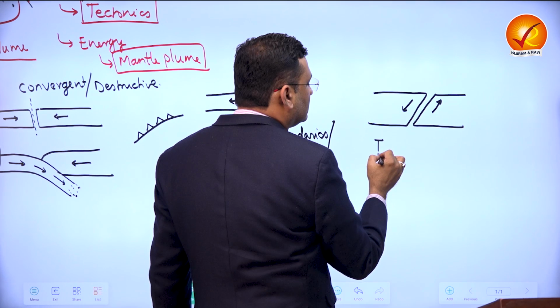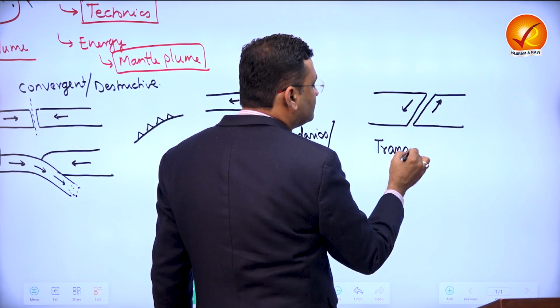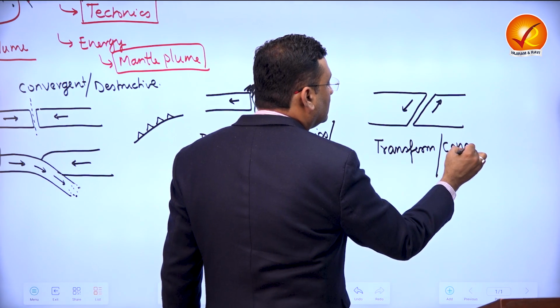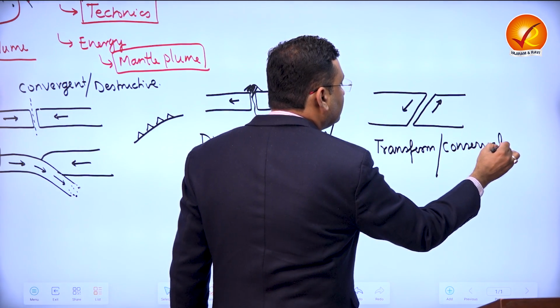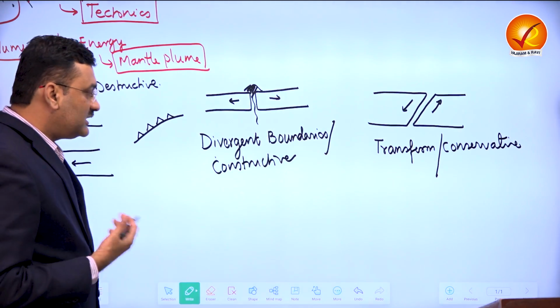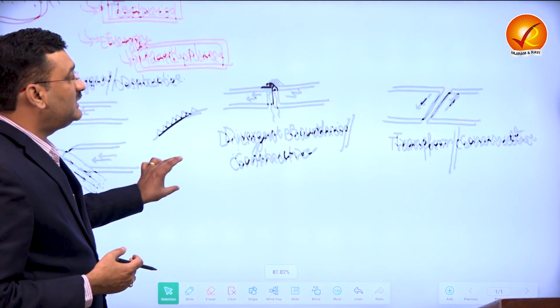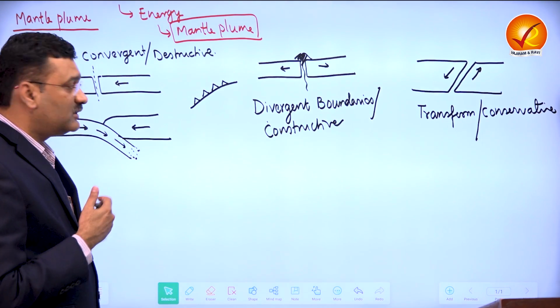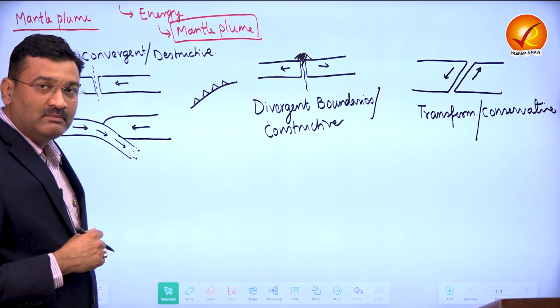This is referred to as transform, or conservative plate boundaries. So in this way, we have three types of plate boundaries: convergent, divergent and transform.